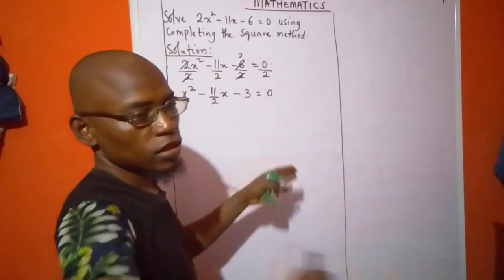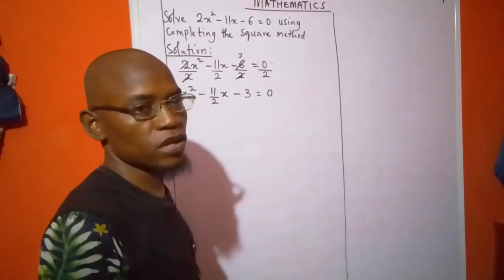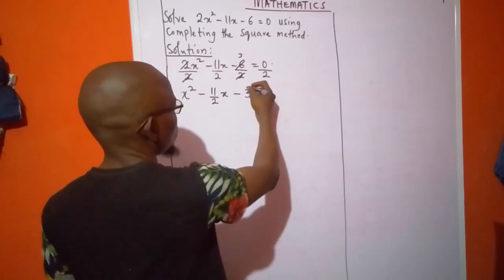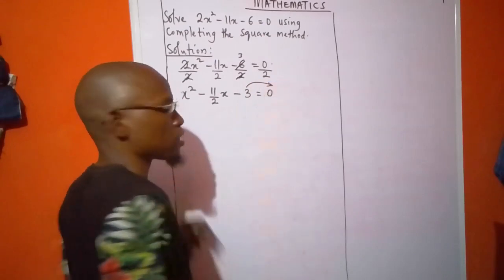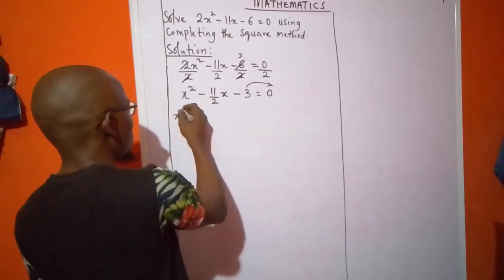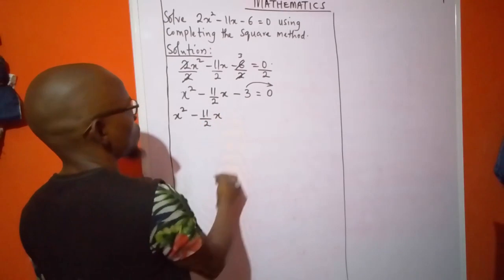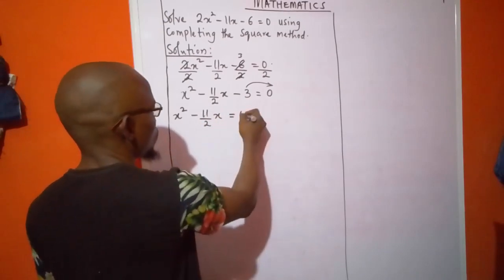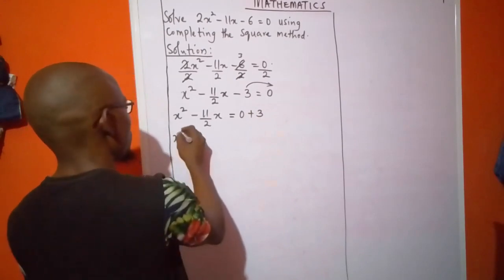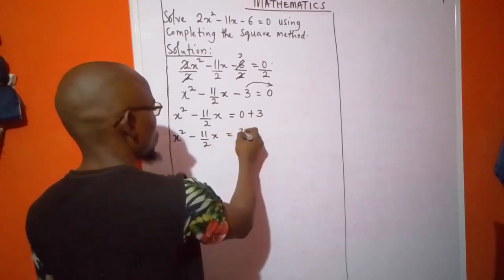Let's separate the constant and the terms with the variable. So we move this minus 3 to the right hand side of the equation, and we are left with x squared minus 11 over 2 x equal to 0 plus 3. So here we now have x squared minus 11 over 2 x equal to 3.